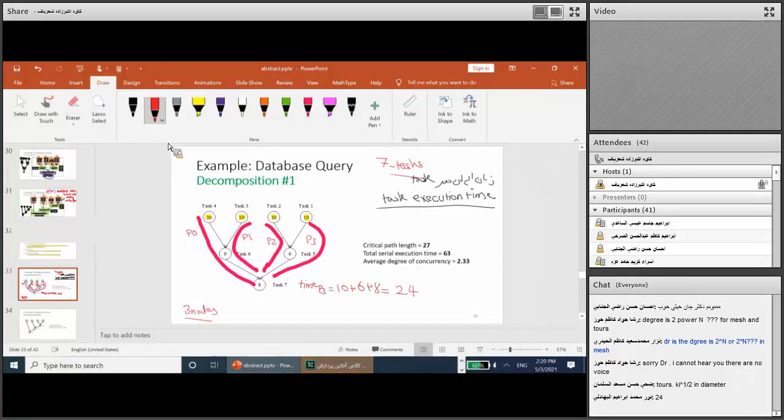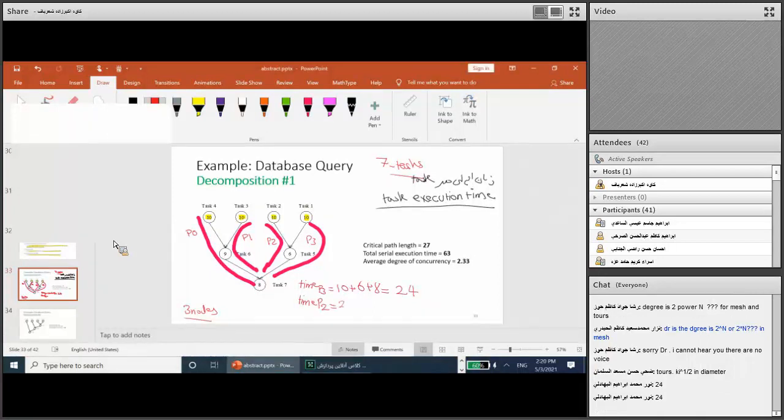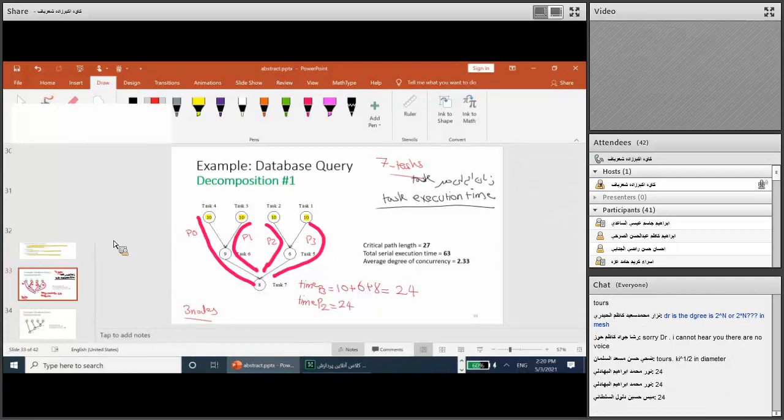What's the execution time of path 2? 24 again.